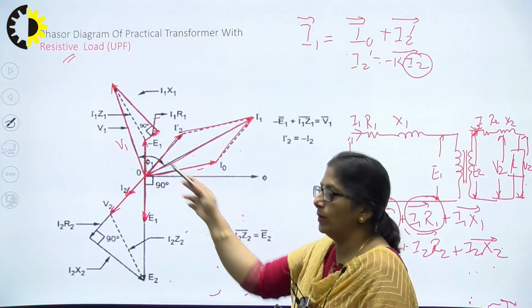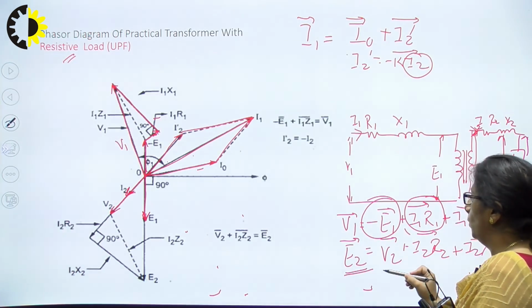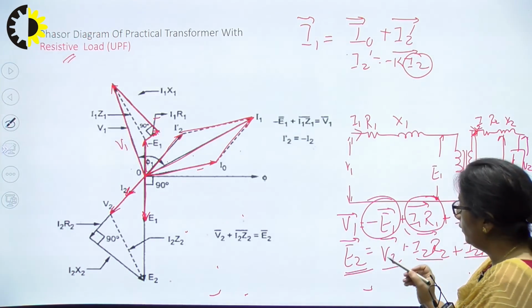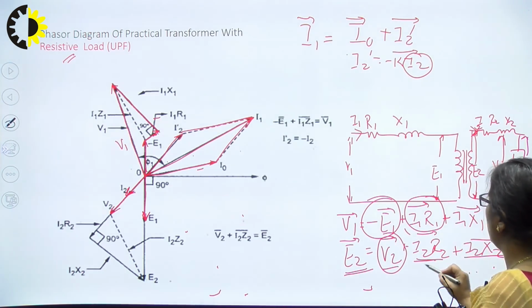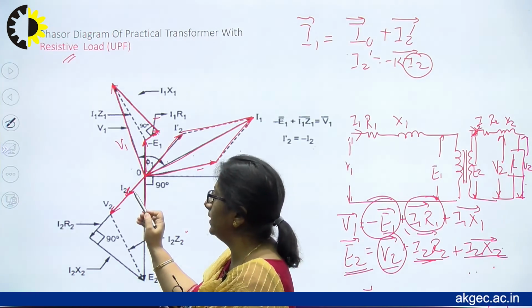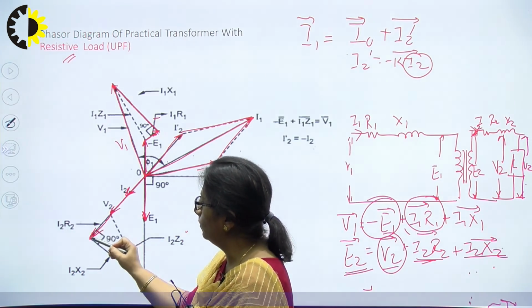Similarly, the secondary circuit. The primary circuit is over now. Coming to the secondary circuit, E2 must be equal to V2 plus I2 R2 plus I2 X2. I already have V2, which has already been plotted. Now I require I2 R2. I2 R2 has to be in the same phase with I2, so I'll extend the same phase for I2 R2.